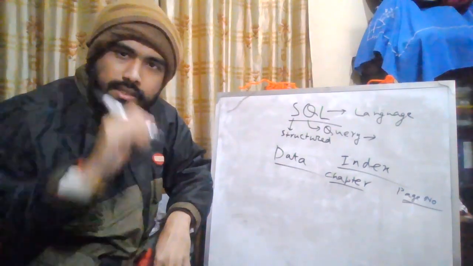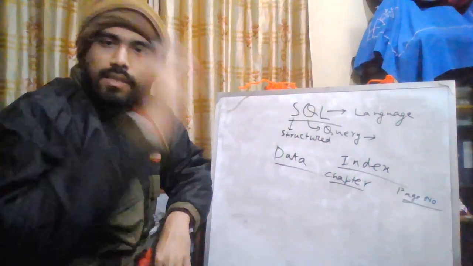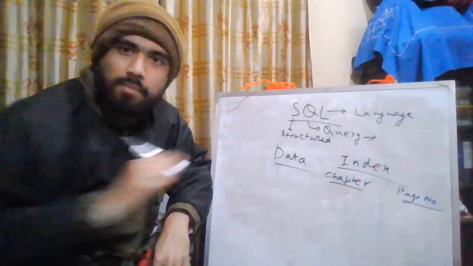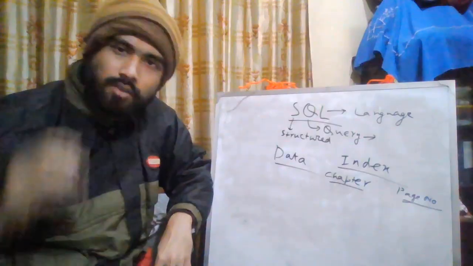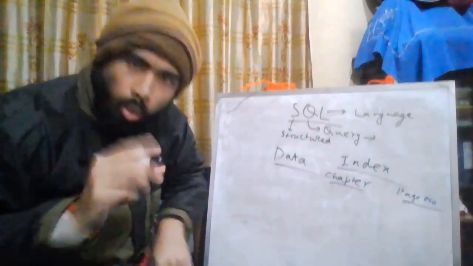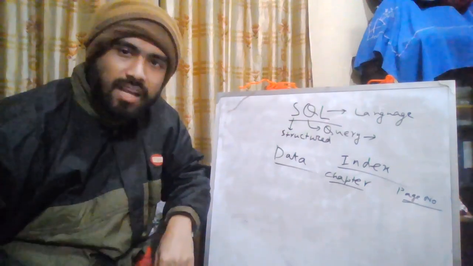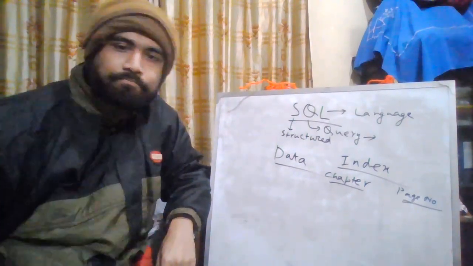And this table index consists of many columns, and all columns have their corresponding names. All the attributes of the columns must have a name associated with them.